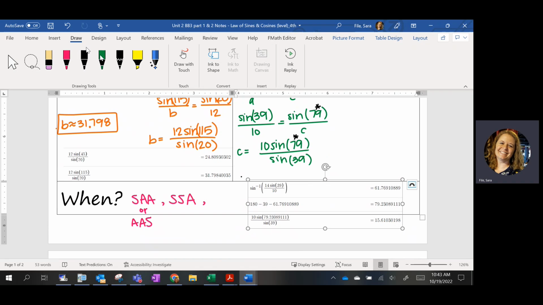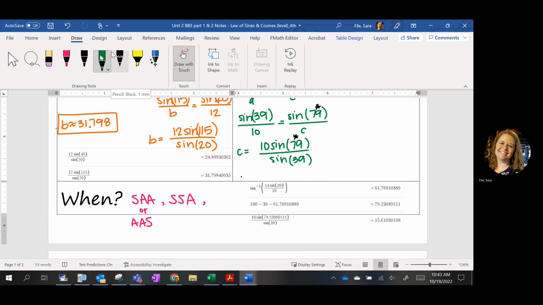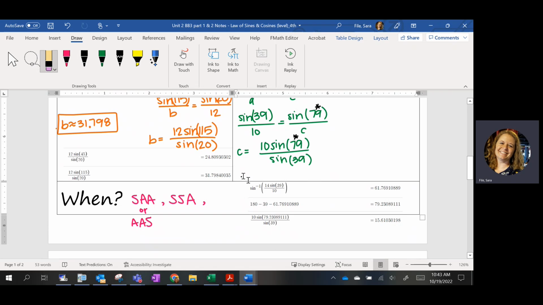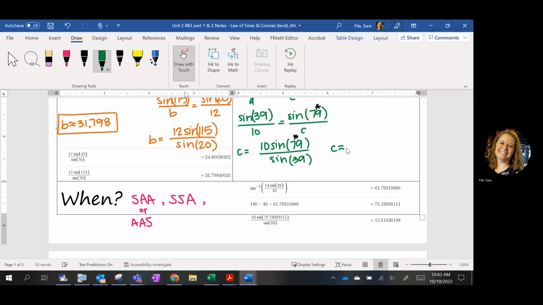Okay, so there's what we did in the calculator, which means side C comes out to approximately 15 point. And then how would you write that if we're going to thousandths?